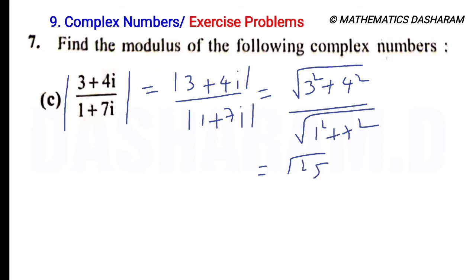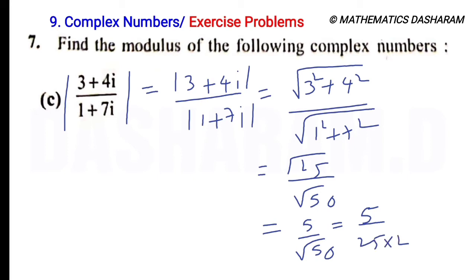So root 25 by 1 square 1, 7 square 49, root 50, it is equal to 5 by under root 50. So 5 by under root 50 can be written as 25 twos are, so then 5 by 5 root 2, 5 cancels. So the answer is 1 by root 2.